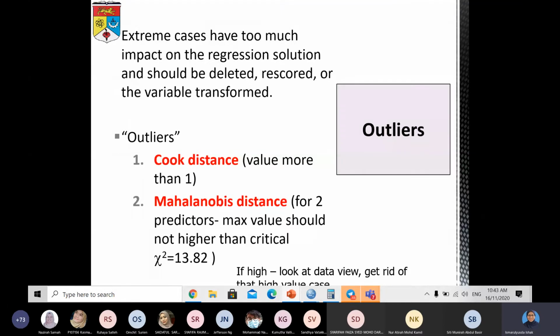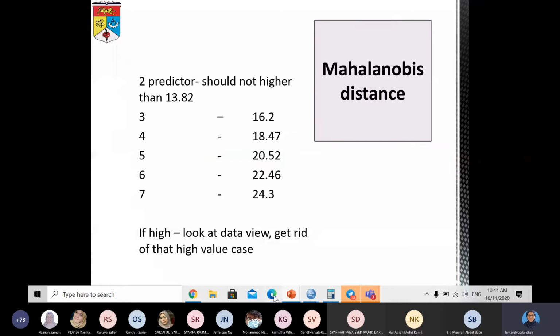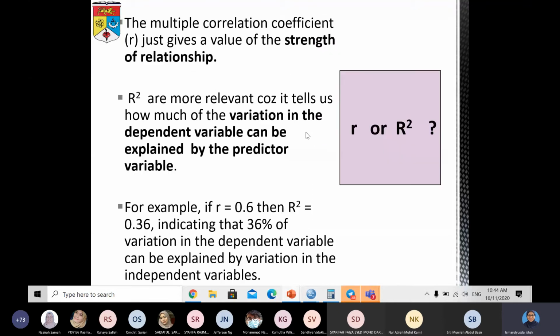So for multiple regression, you delete that subject, only for multiple linear regression. Two predictors should not be higher than 13.82. With three predictors, it should not be higher than 16.2. Okay, if high, look at data view, get rid of those high value cases.